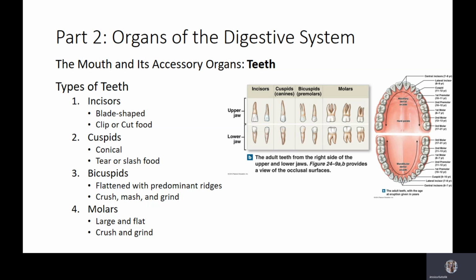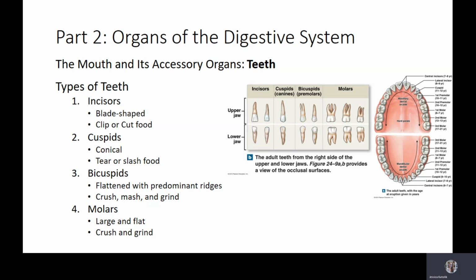Other organisms, especially carnivores that rely on eating fresh meat, will have much longer and pointier cuspids. So if you look at the teeth of a cat, a dog, a wolf, or something like that, you'll notice that their cuspids are much pointier as a result of that.